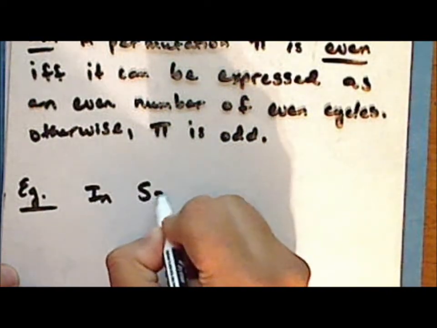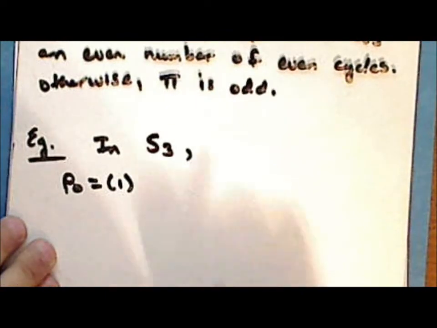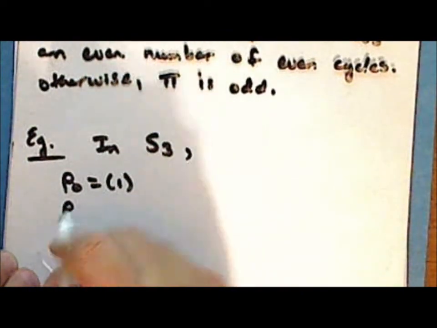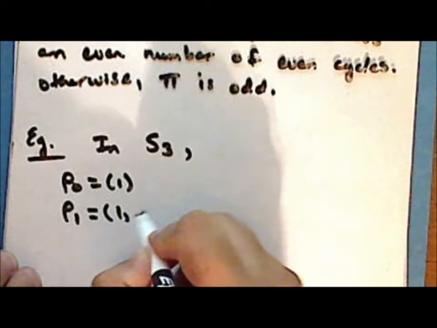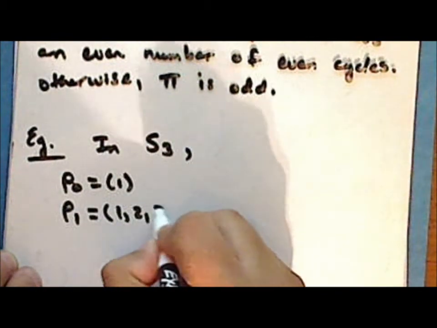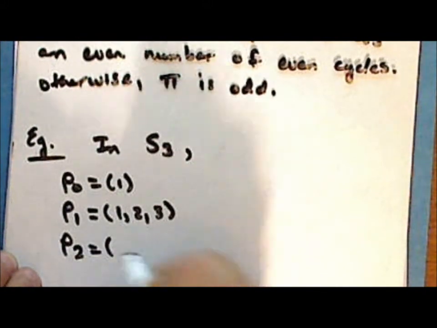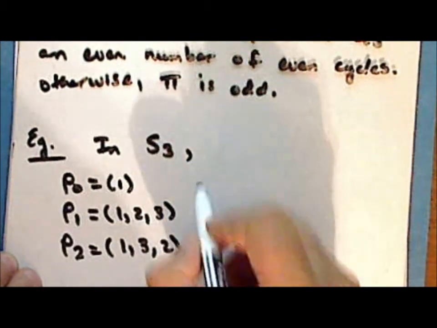In the symmetric group on 3 letters, rho sub naught can be represented as the cycle of 1 onto itself, or the loop of 1 onto itself. Rho sub 1 can be represented as the cycle from 1 to 2 to 3 and then back to 1, and rho sub 2 can be represented as the cycle 1 to 3 to 2 and then back to 1.